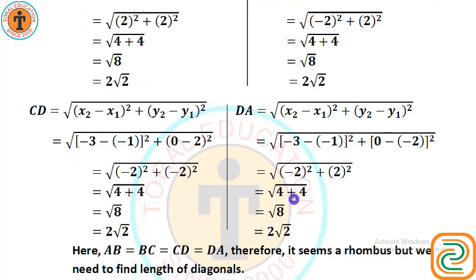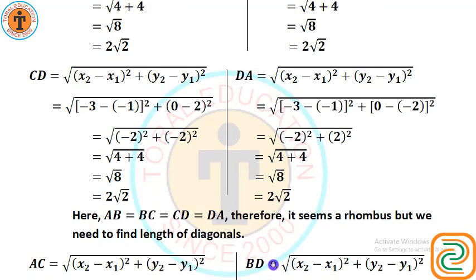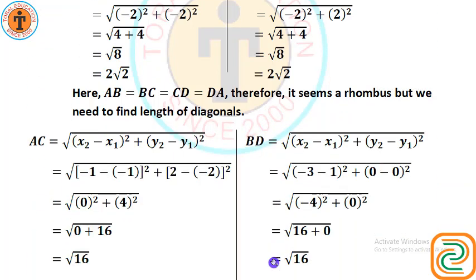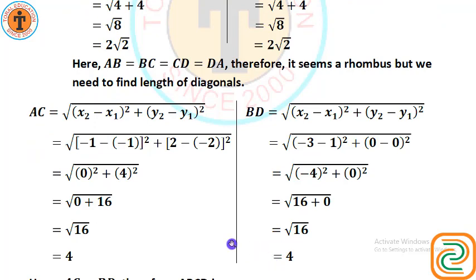So all the sides are equal, therefore it seems a rhombus, but we need to find the length of the diagonals. When we find the diagonals, it will tell us whether it is a square or not, right? Here both diagonals are 4 and 4. AC equals 4, BD equals 4.